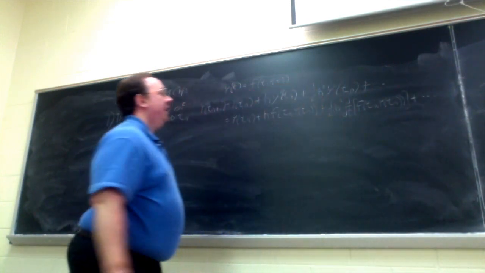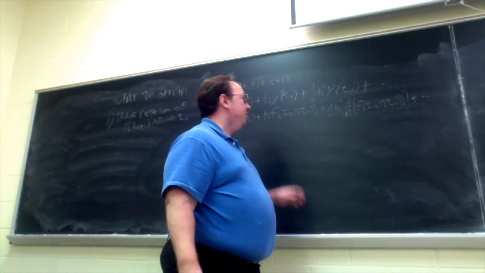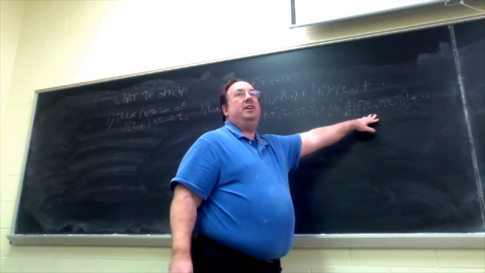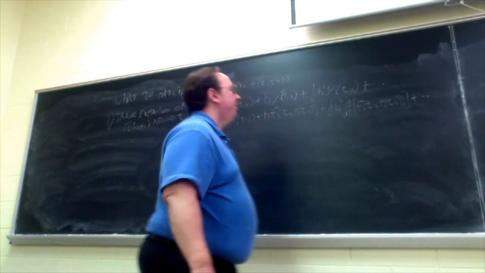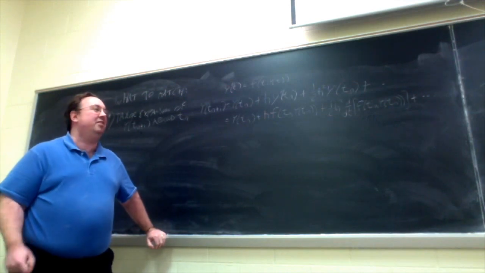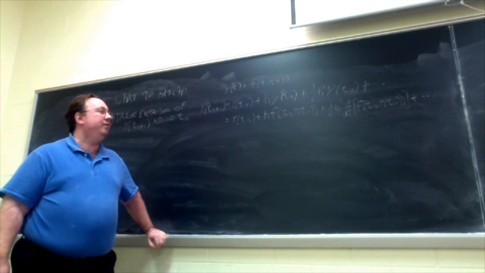Now, remember your multivariable calculus. How do I get this? What do I have to do there? I can't just say f prime. That doesn't even make any sense here, because f is a function of two variables.